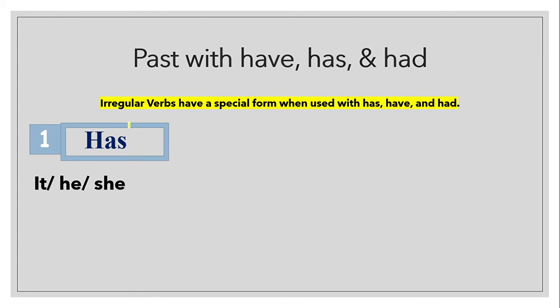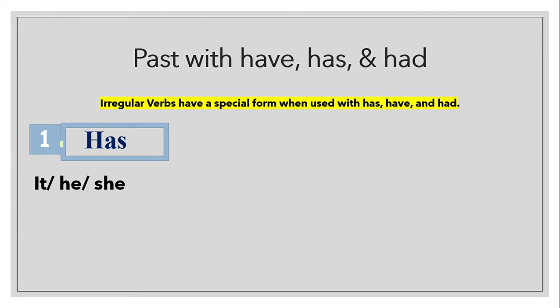This is extra information for you to show you when to use has, have, and had. But in your exercises, it will be already given. You just have to choose which verb, or write the correct verb, irregular verb.